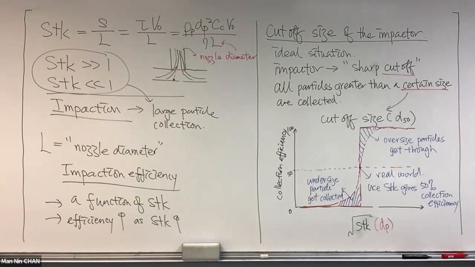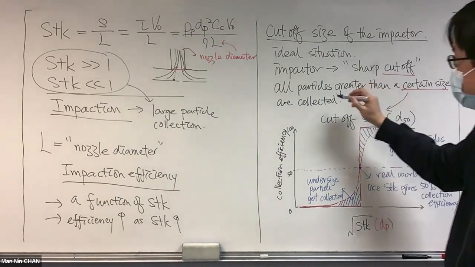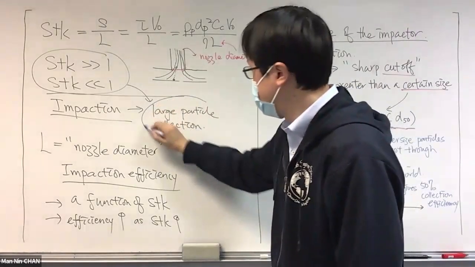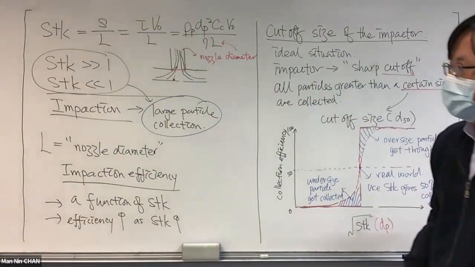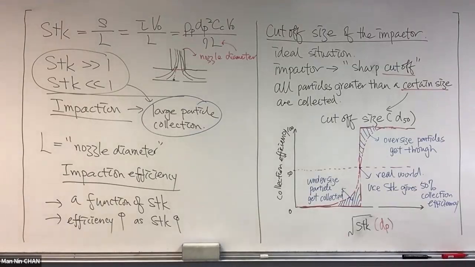So this is called the impactor. Therefore, this Stokes number is a very useful, important parameter for particle collection, especially when you want to collect large particles by impaction.